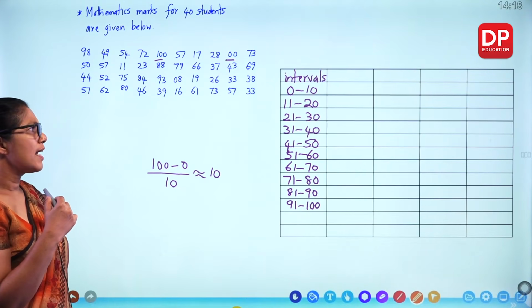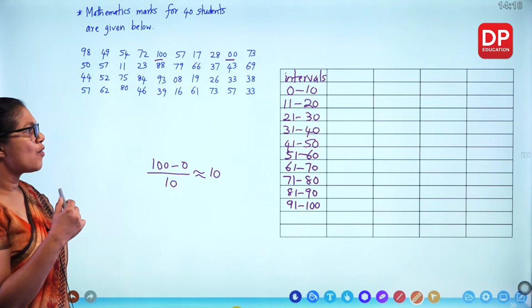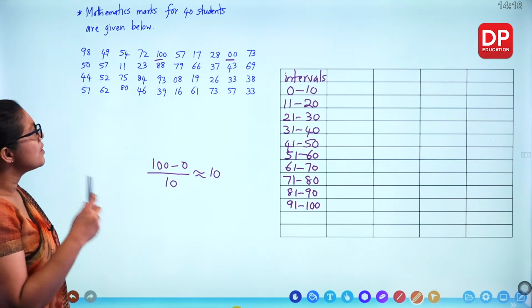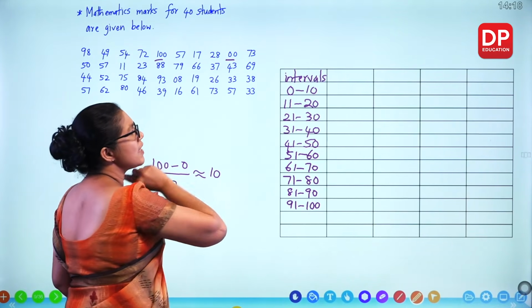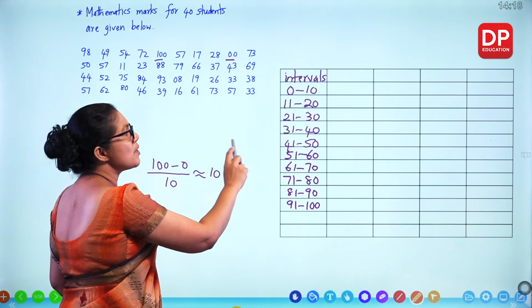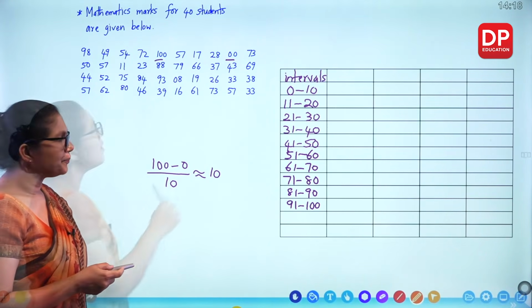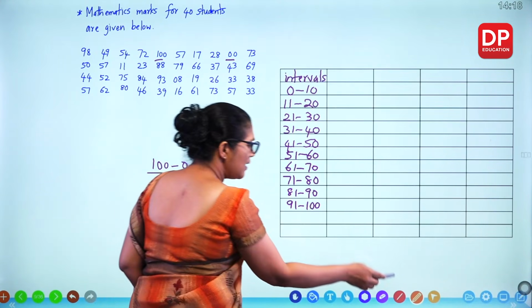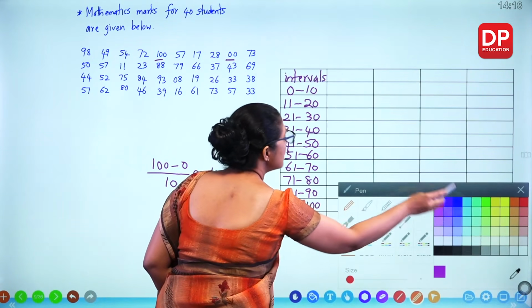Then what can I do? I need to count how many students are between 0 to 10, 11 to 20, 21 to 30, like that. When you are grouping this, we call these intervals.